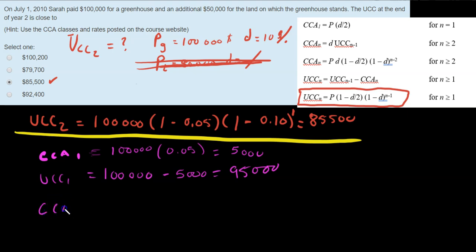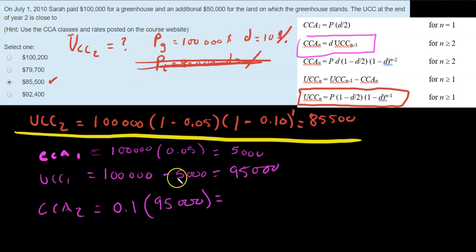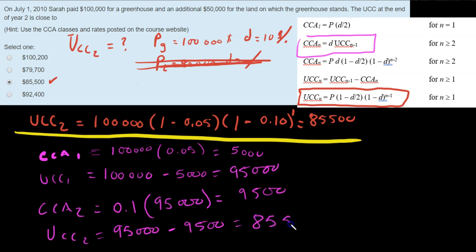And CCA2 will move to this formula right here. It is equal to D, which is 0.1 in this case, times previous year's UCC, 95,000. That is 9,500. And the question is asking for UCC2. And that's just your previous year's UCC minus your current year's capital cost allowance, which gives you a value of 85,500. Same thing.